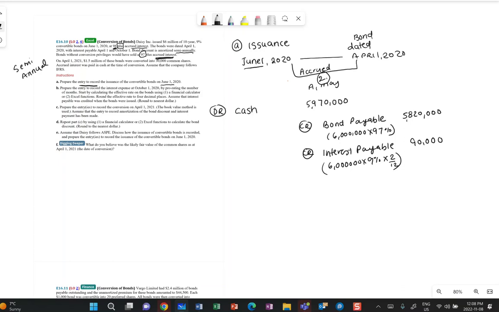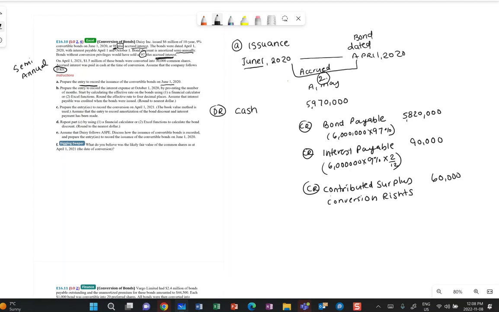Then they said the rest will be for your contributed surplus, conversion rights, because we're using IFRS, and that will be our $60,000.